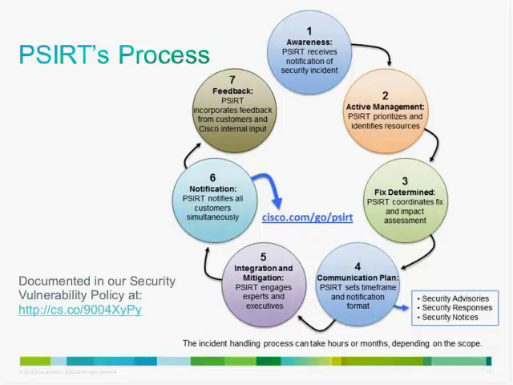Then we, of course, include all the integration and mitigation information within collateral documents as part of that communication, and we notify the customer simultaneously. So everybody is notified at the same time. At the end of the process, of course, we always look for feedback from customers, and that feedback goes back into a feedback loop as input for our process later on.